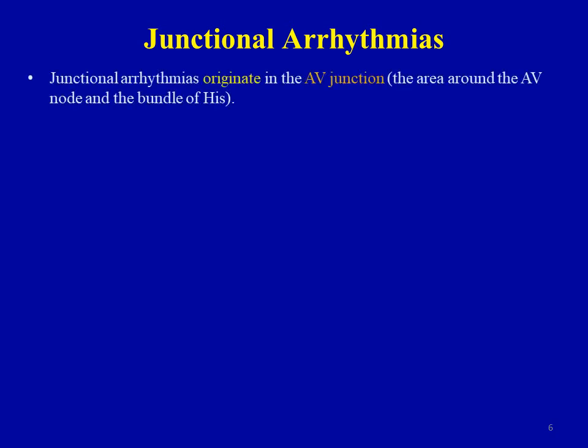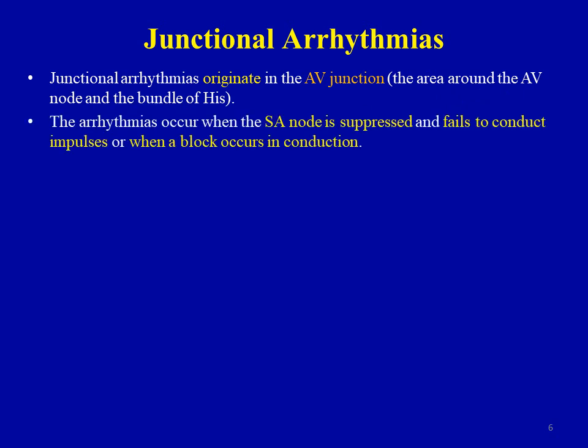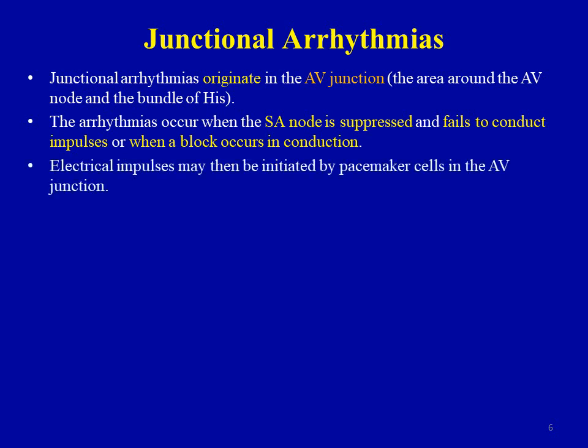Junctional arrhythmias, as the title says, are arrhythmias that originate in the AV junction, the area around the AV node and the bundle of His. The arrhythmias occur when the SA node is suppressed and fails to conduct impulses, or when a block occurs in the conduction.